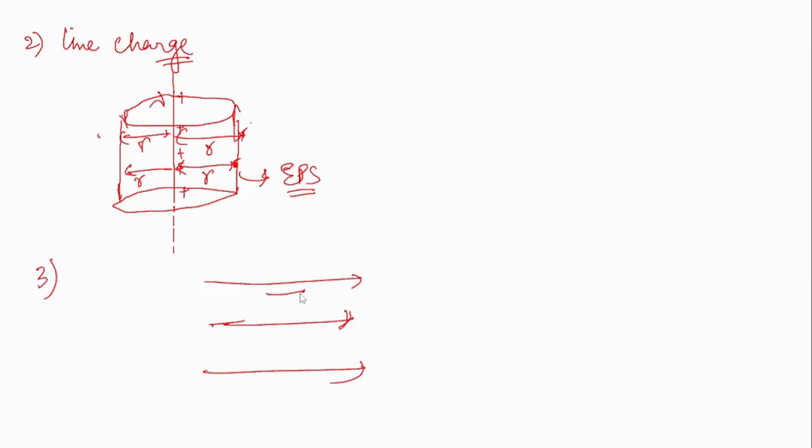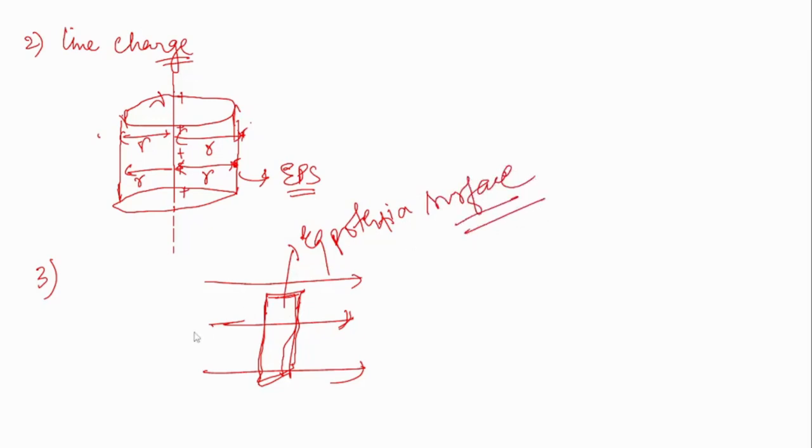So equipotential surfaces will be something like this, means perpendicular to this electric field. In the plane perpendicular to this electric field, they will be equipotential surfaces, means potential on them will be constant, for uniform electric field.